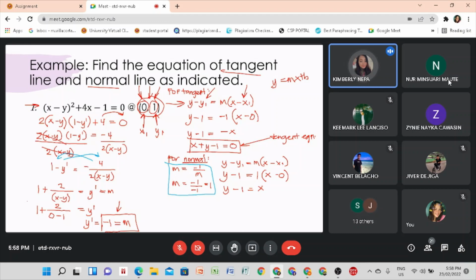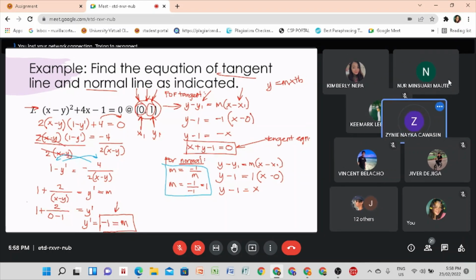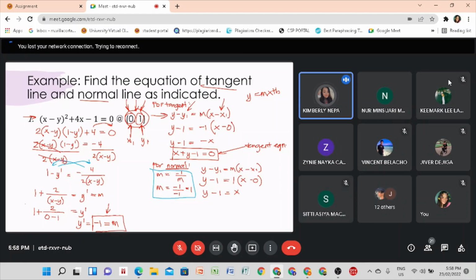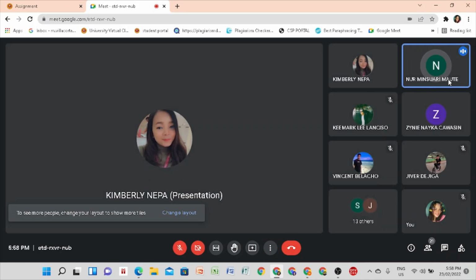So equate this still to 0, but you'll be transposing the y minus 1. So this would be x minus y plus 1 equal to 0. So this is now the equation of our normal line. Gets? Yes. How about the others? Understood? Yes po, ma'am.